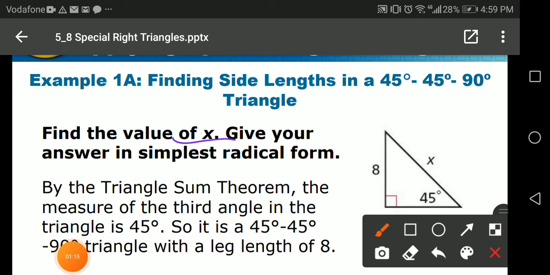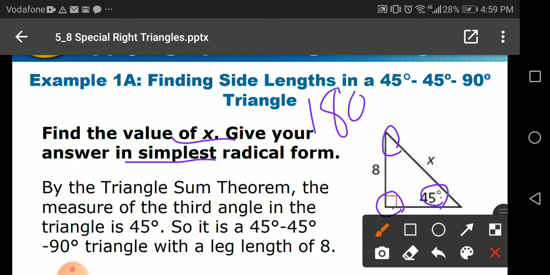Find the value of x. Give your answer in the simplest radical form. So it's given here 45 degrees and this is 90 degrees. What about the third angle? Even if it's not given, it's 180 minus the sum of 45 plus 90. So the remaining will be 45 degrees.